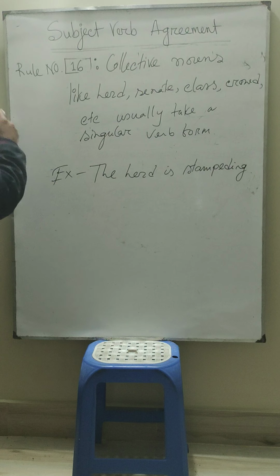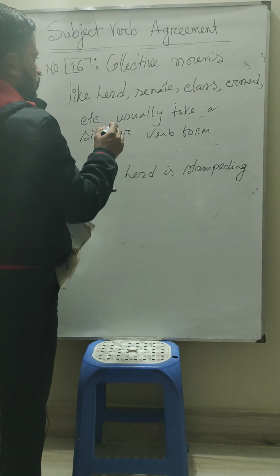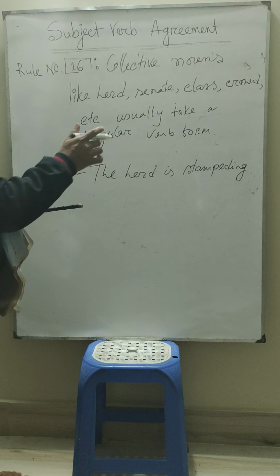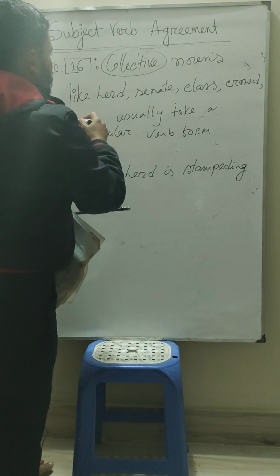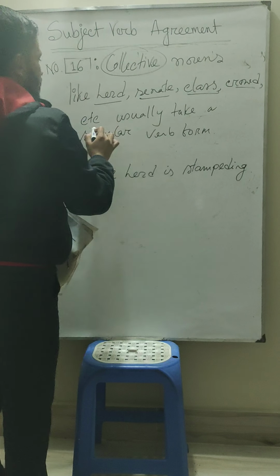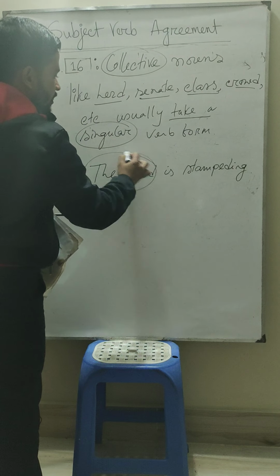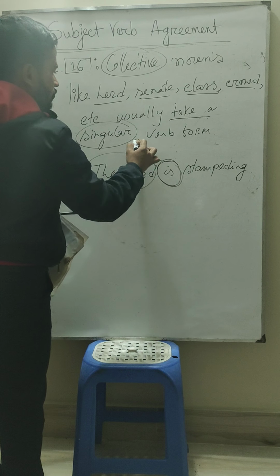Please see the example and see the rule. Collective nouns. We know there are 5 kinds of nouns. Here one kind is the collective noun. Collective nouns like heart, senate, class, crowd, etc. usually take a singular verb. The collective noun heart takes a singular verb.